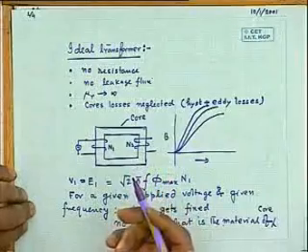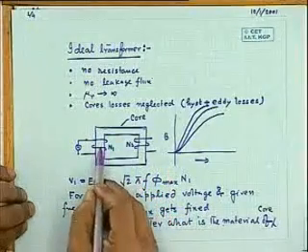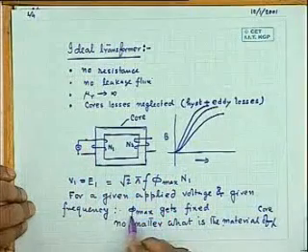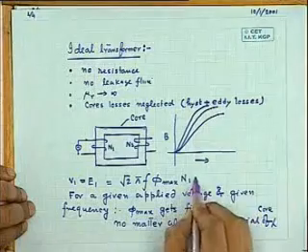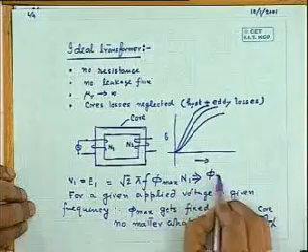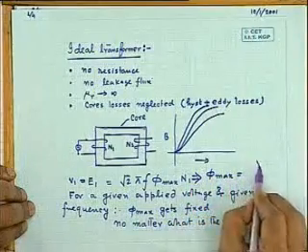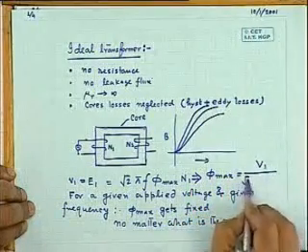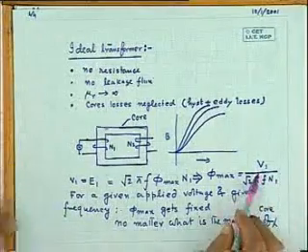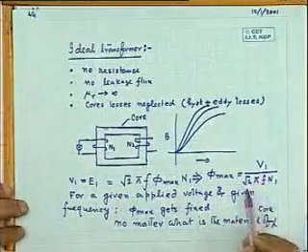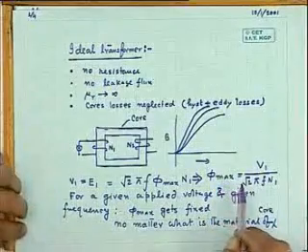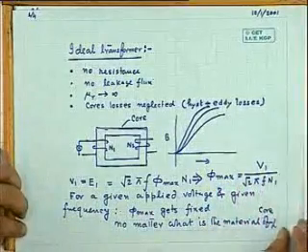The applied voltage must be balanced by the induced voltage, that is N1 d phi by dt should balance the applied voltage. This can also be seen mathematically from the equation that phi max is nothing but V1 by root 2 pi f into N1. So other things remaining constant, V1 and f fix the maximum value of flux in the core of the transformer.